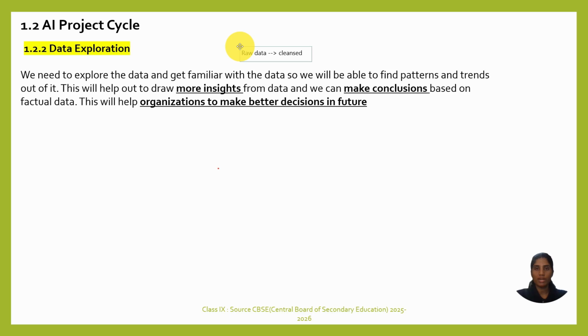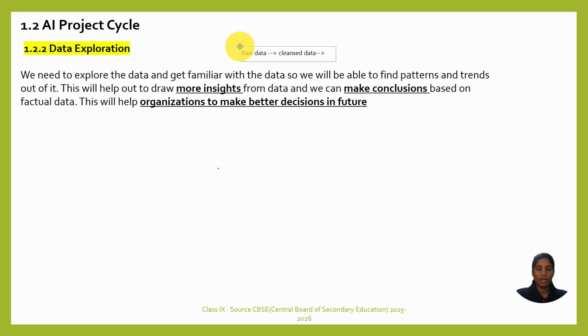So once you have cleansed the data, what happens next? Once you clean the data, after that you will try to understand the patterns. When you try to read the data, of course it is very difficult. When there are just 10 to 20 rows, we will try to understand, but what happens when there are millions and billions of rows?